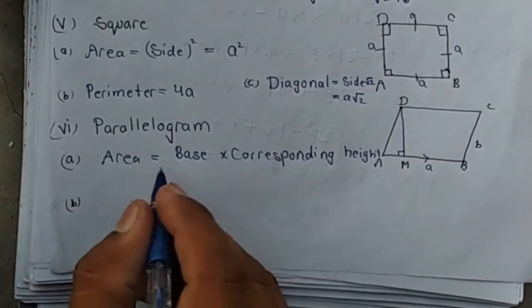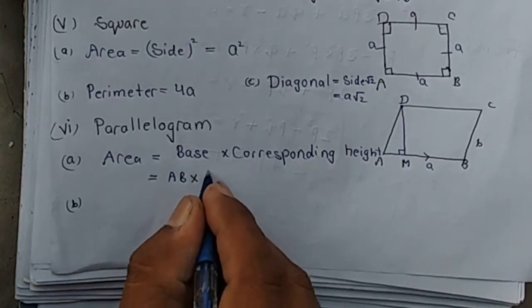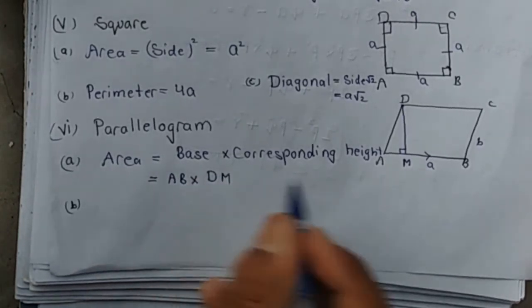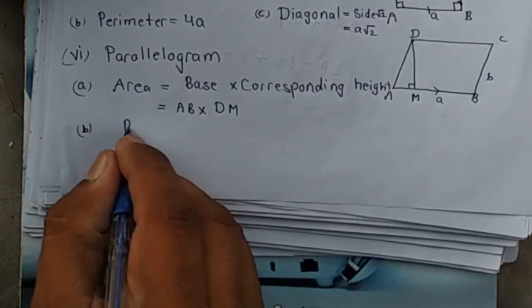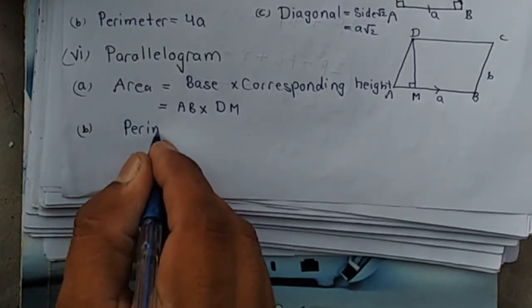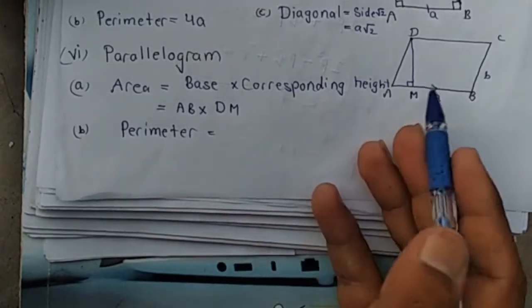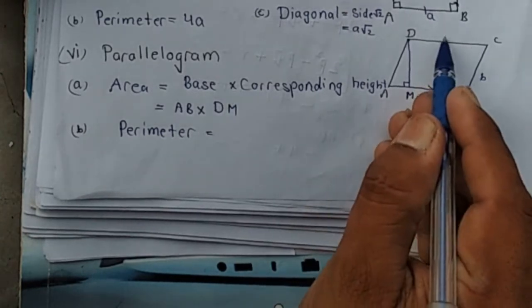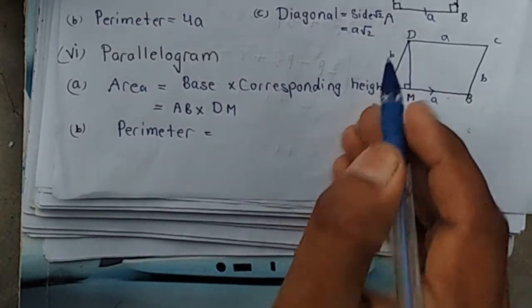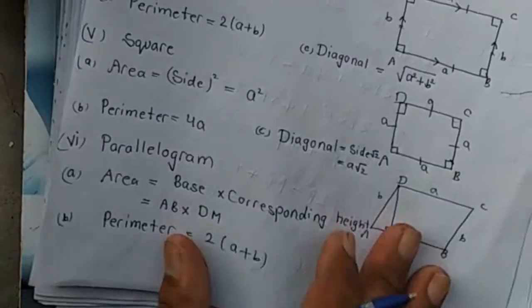DM is perpendicular to AB. Then the area is given by AB into DM, where AB is the base and DM is its corresponding height. Perimeter is the sum of boundaries: opposite sides in a parallelogram are equal, A and B, then the perimeter is given by 2A plus 2B.